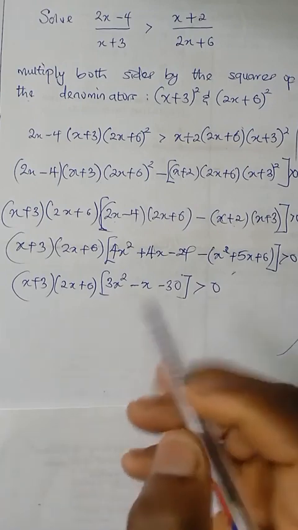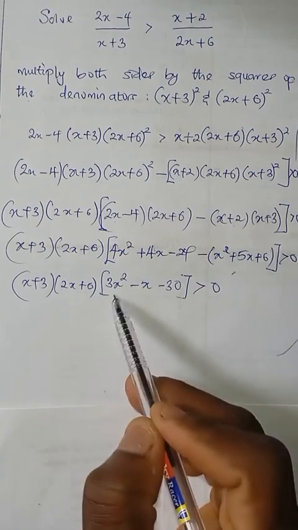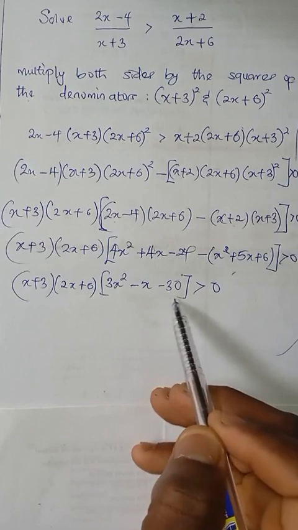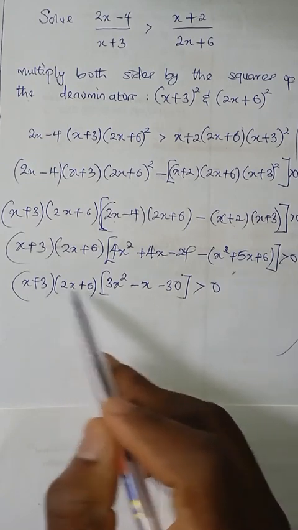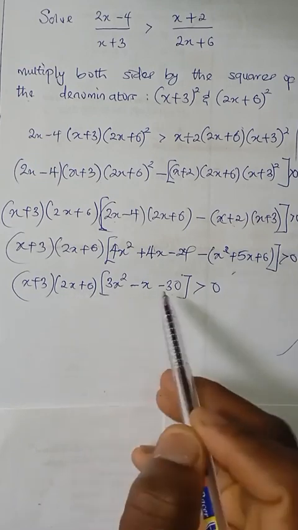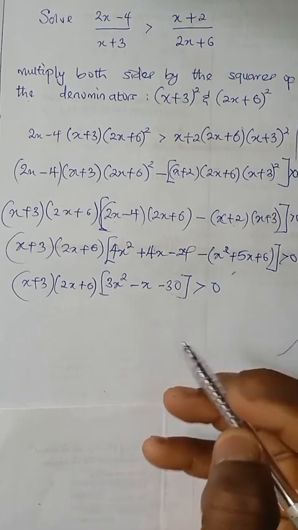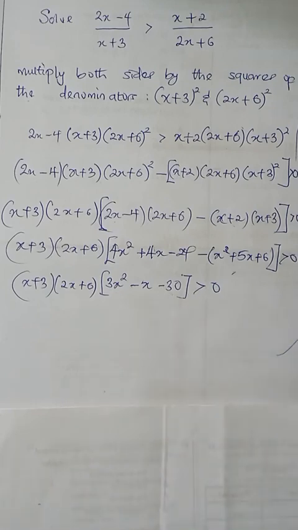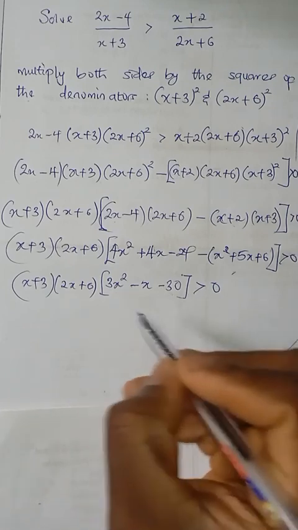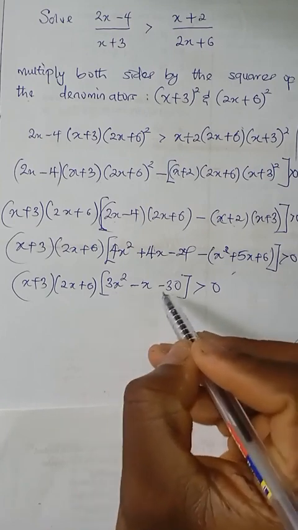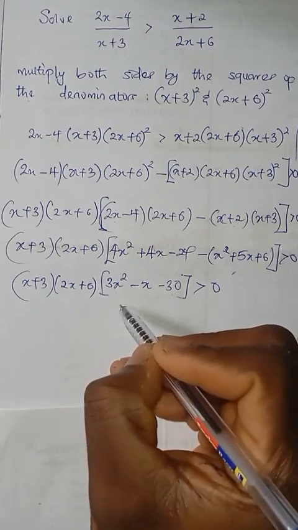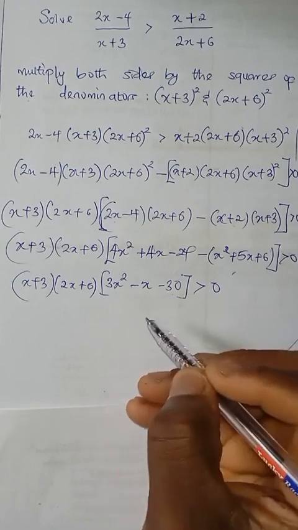As you can see, we have a quadratic function here. This one's already linear factors. This quadratic function can be factorized into two linear factors. To factorize that, the first thing, we'll just say 3 times minus 30 will give us minus 90.